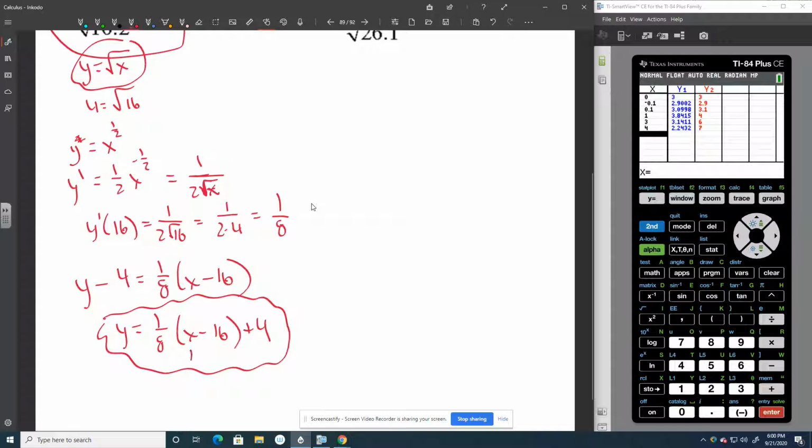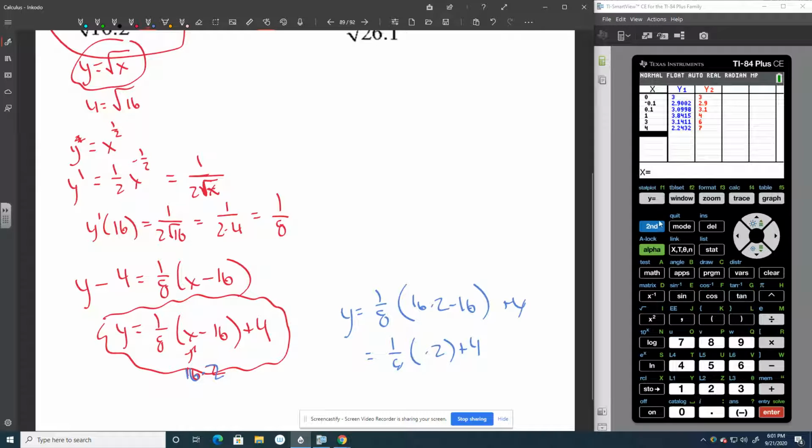So let's plug in 16.2. I get y equals 1/8 times 16.2 minus 16, plus 4, which is just 1/8 times 0.2, plus 4.